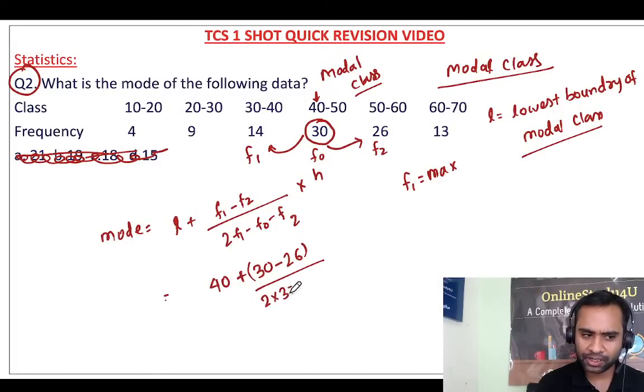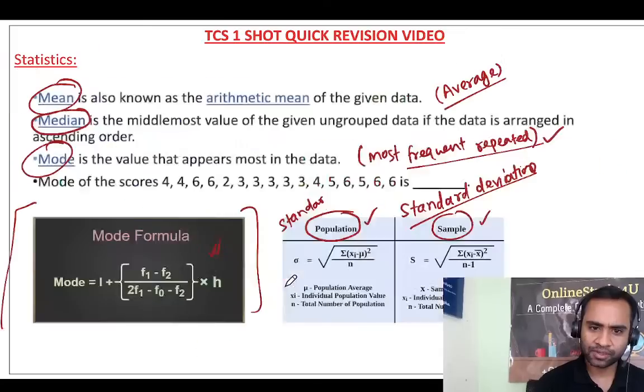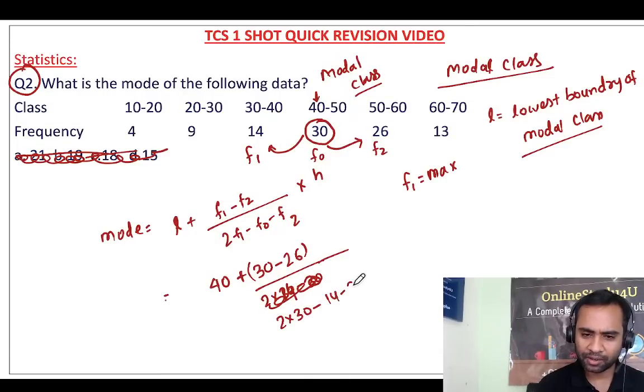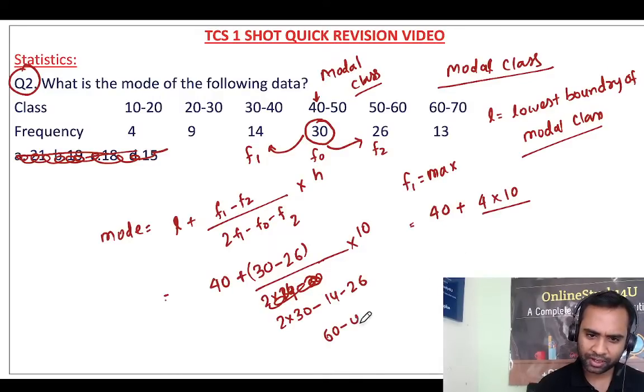So 2 into 30 minus 14 minus 26, into 10. So this will be 40 plus 4 into 10, and divided by 60, so 60 minus 40.